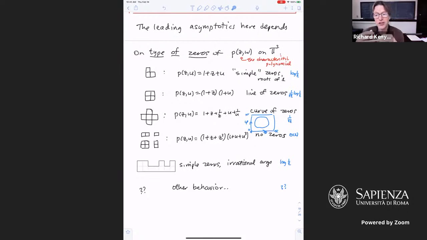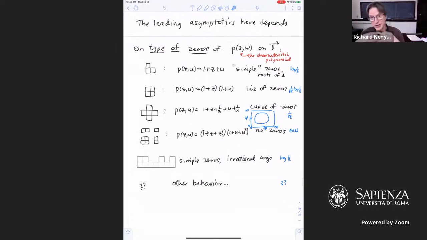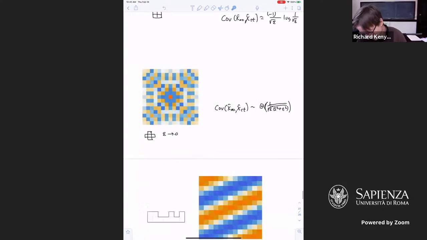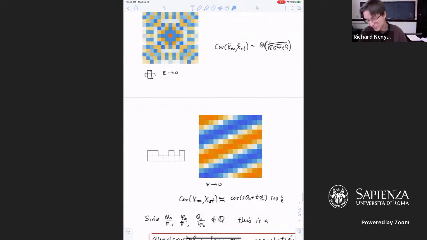I mean, the arguments are not rationally related to each other or to pi, which means that you don't get any sort of periodic behavior. Even though you get a crystal, in the end, you don't get periodic behavior. You get a quasi-crystal. The correlations don't decay, but they have a quasi-periodic behavior.